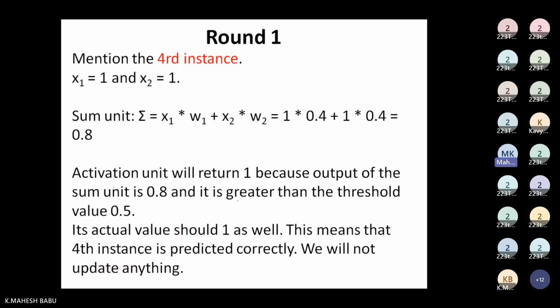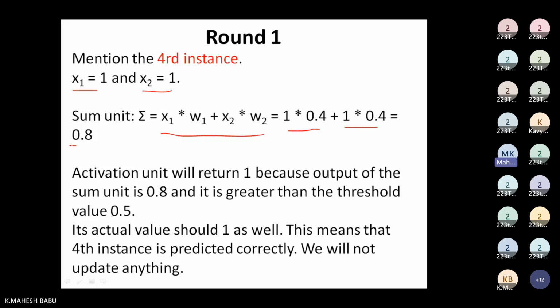In the fourth instance, x1 is 1 and x2 is 1. Both are high, both are true in this case, and I am going to apply an operation on these two and the result should be 1. So apply the same weight 0.4 for this case: 1 into 0.4 plus 1 into 0.4.